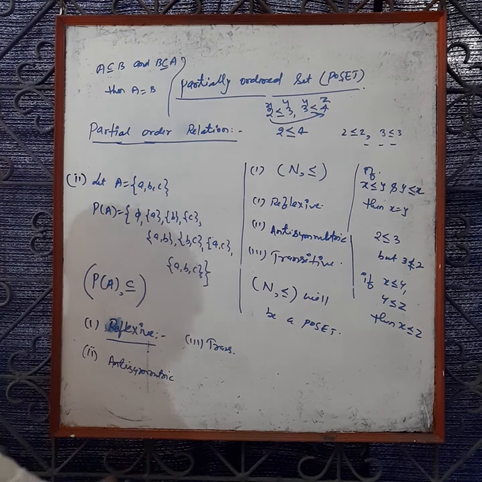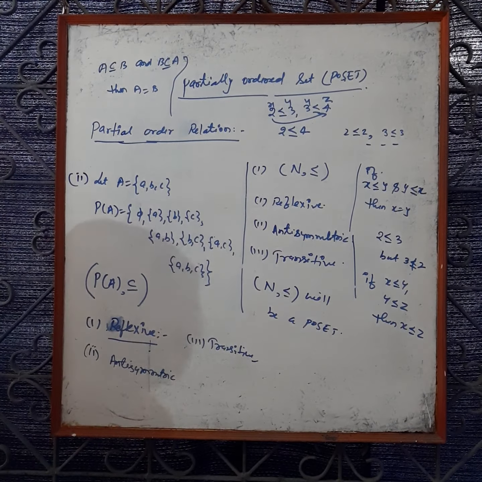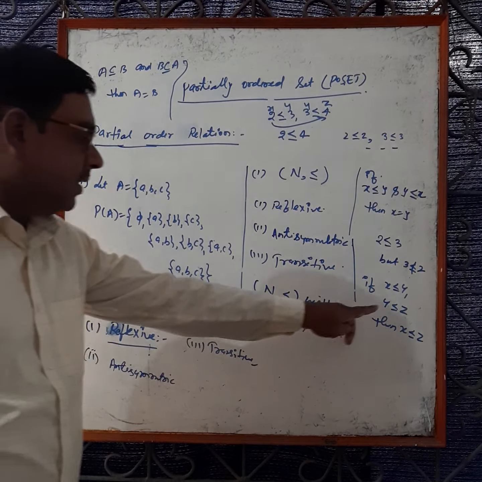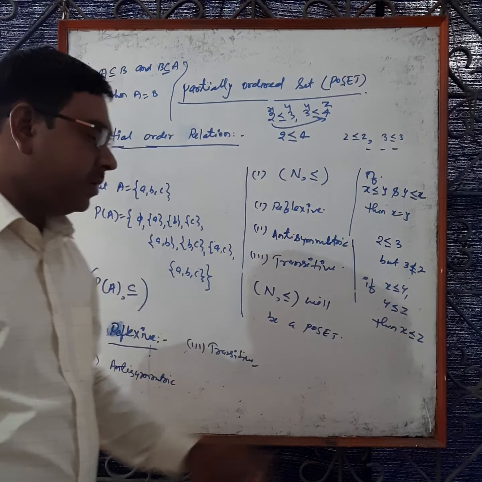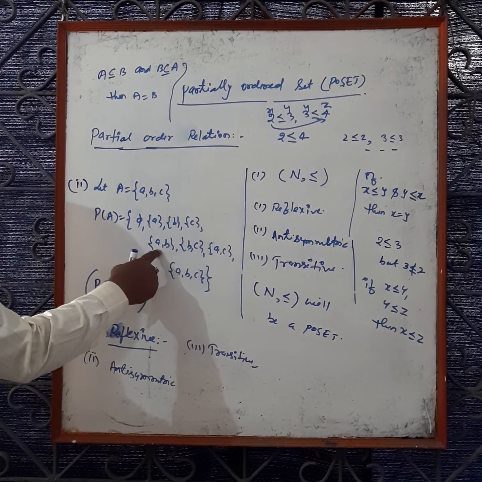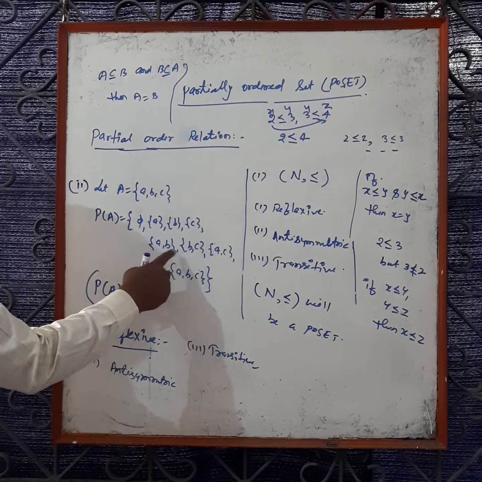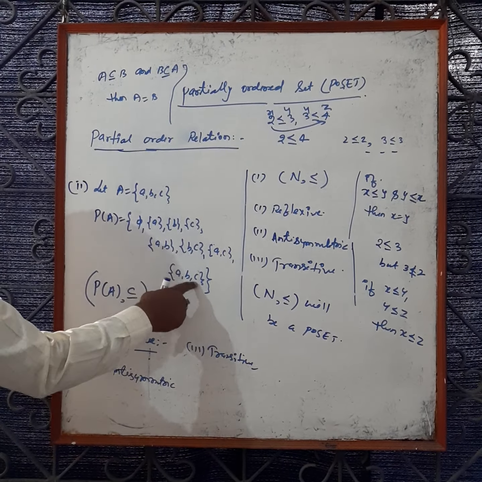Now we check transitive relation. The condition of transitive relation is: if x less than equal to y and y less than equal to z, meaning x related to y and y related to z, then x is related to z. Here we see {a} is a subset of {a,b} and {a,b} is a subset of {a,b,c}. Therefore, {a} is also a subset of {a,b,c}.